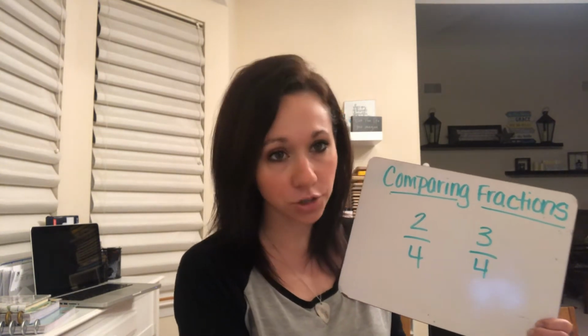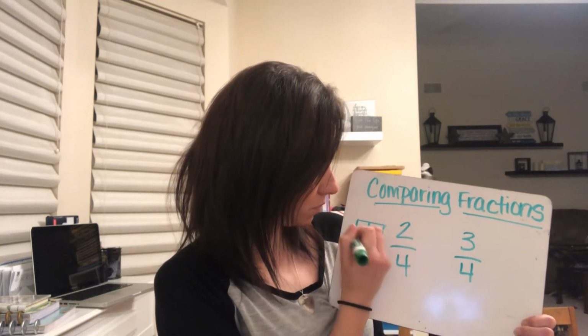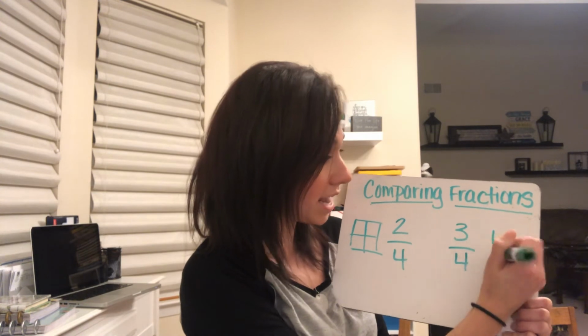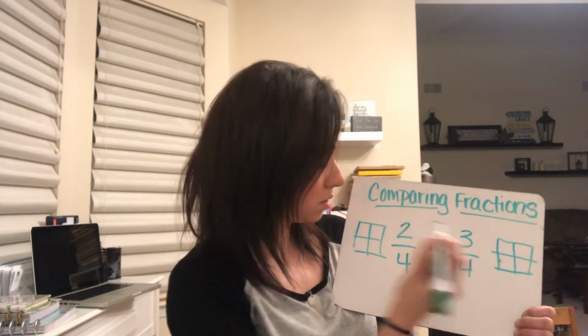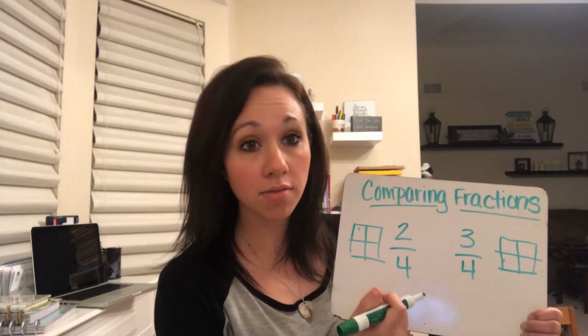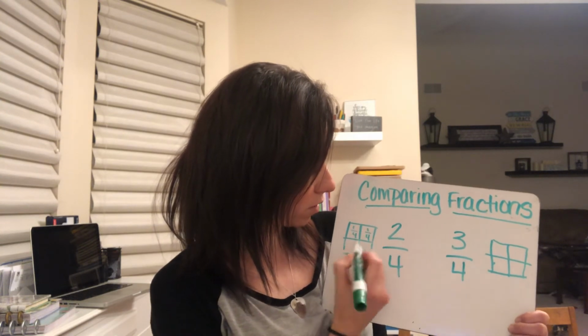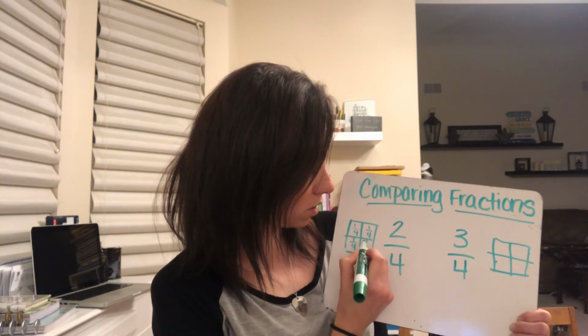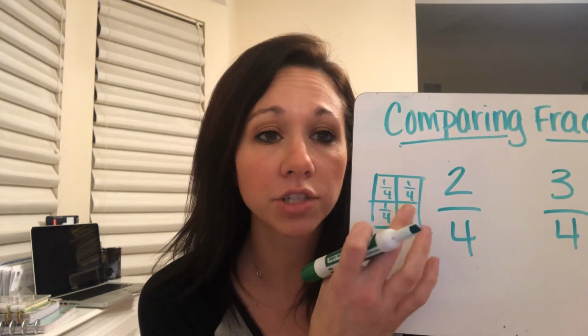If we're still not sure, what we can do is we can draw models next to our fractions. And we can think, okay, there are how many pieces in this model? 4. Each piece is worth 1/4. Each piece is worth 1 unit fraction of 1/4.